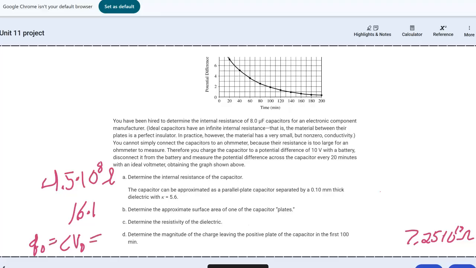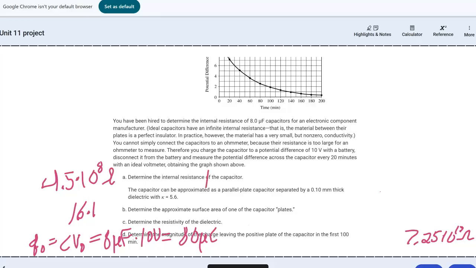That's 8 microfarads times 10 volts, 80 microcoulombs. And then our voltage at 100 minutes, we know from our graph is a little less than 2, let's call it 1.8.